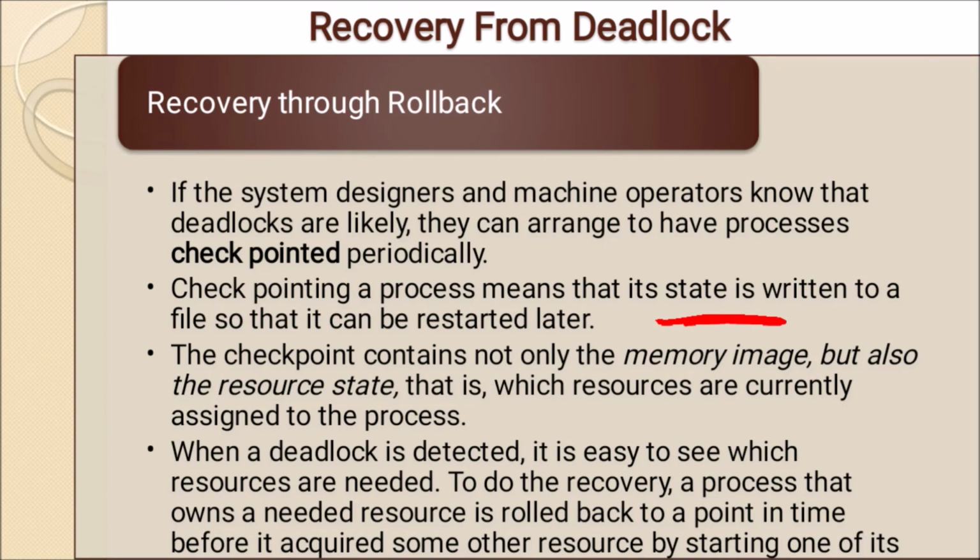Whenever deadlock is detected, it is easy to see which resources are needed. To do the recovery, a process that owns a needed resource is rolled back to a point in time before it acquired some other resources. Okay, so this is the second method, recovery through rollback.